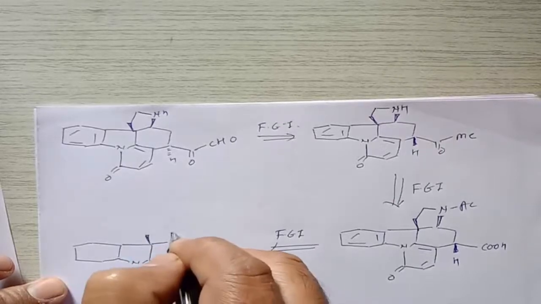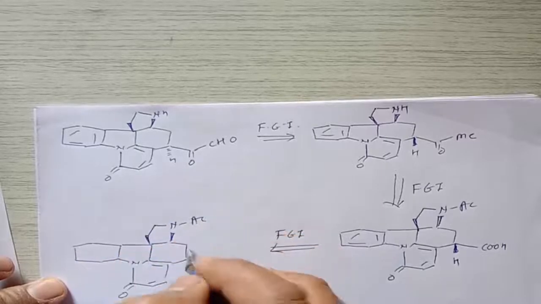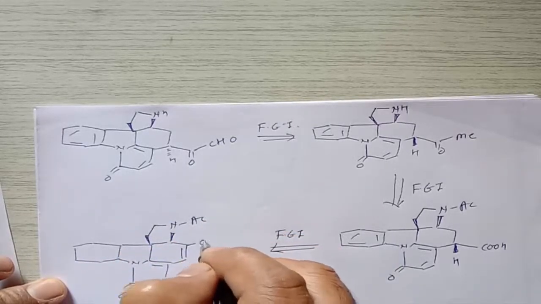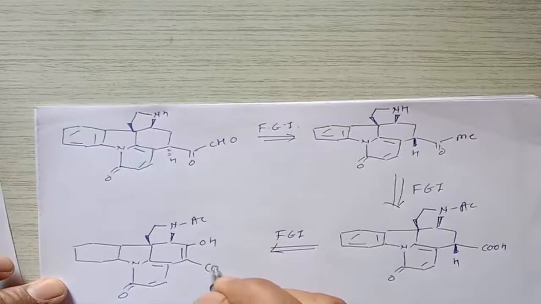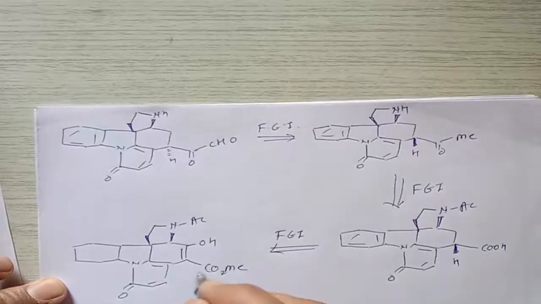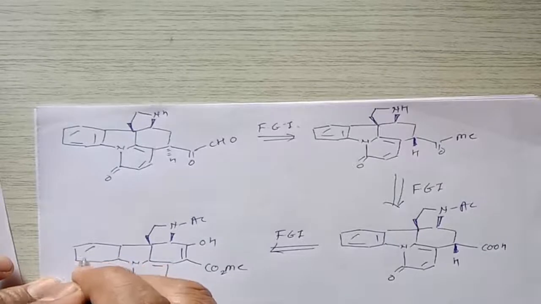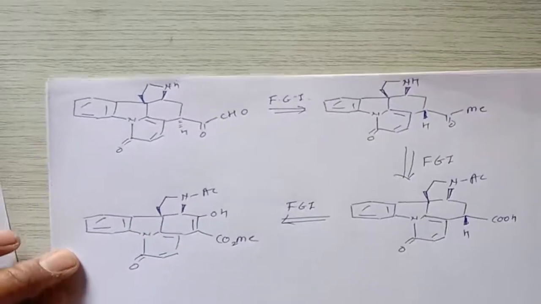Then there is the same 5-member ring containing nitrogen as well as the acetate group. So here we are introducing the enol group, and this is CO2Me, that is, the acid will be converted into the ester, and then the remaining group will be the same.